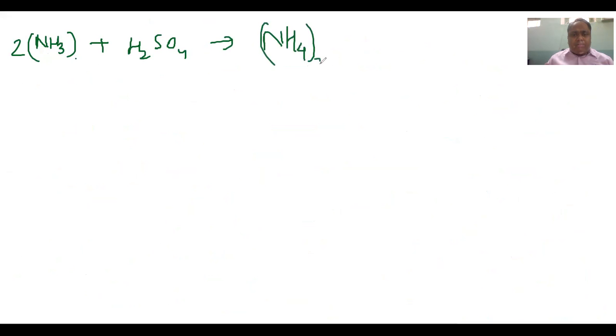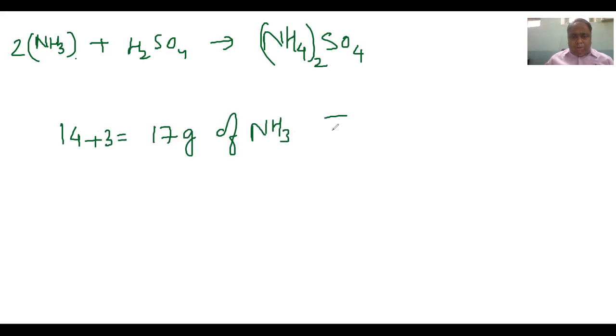So the target reaction which we got was 2NH3 plus H2SO4 forming ammonium sulfate. If we find out the number of moles of ammonia and weight of ammonia, we know that 14 plus 3 equals 17 gram of ammonia corresponds to 14 gram of nitrogen.